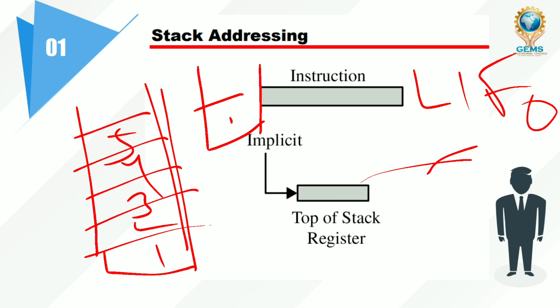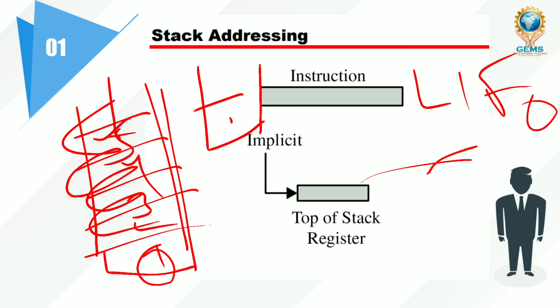Which number can you take first? Only 5 we can take first, because you cannot come directly to 1 until you cross 5, 4, 3, 2. When you take away 5 from here, then 4, then 3, then 2, then you can take number 1.